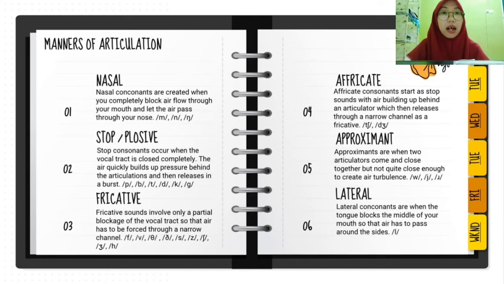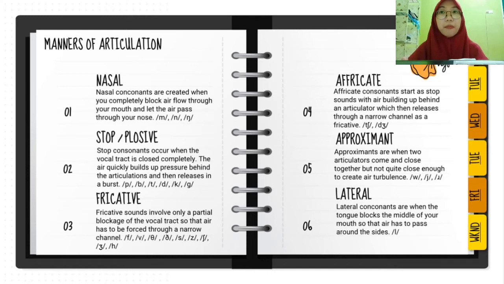purse, red. Oral passage is blocked by closing the lips. Back, cat. Oral passage is blocked by closing the lips. Tap, rat. Oral passage is blocked by pressing the tongue tip against the alveolar ridge.